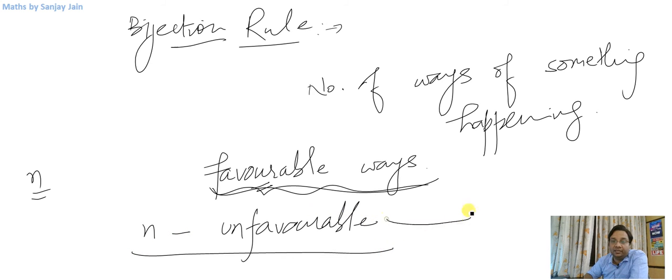Then you will get the favorable ways. So if you are approaching a question and counting something and it is getting very difficult, see the other way around: if I count the unfavorable ways and subtract it from the total, would it be easier? This is called the bijection rule, and we will be using this in our exercise questions.